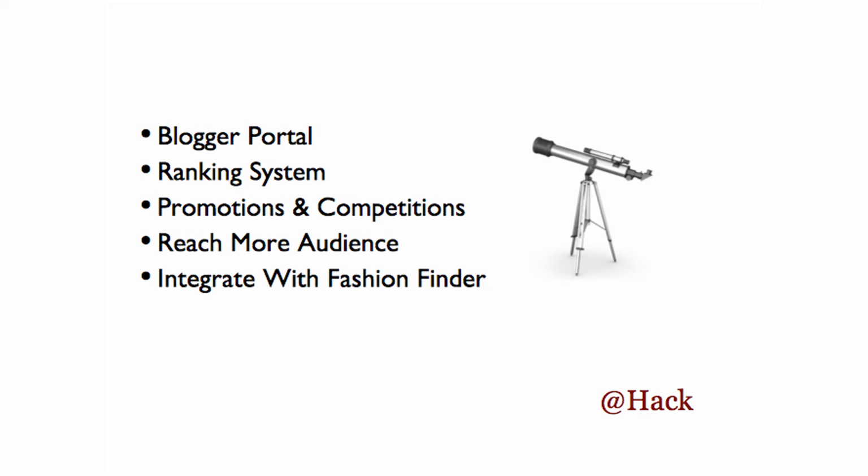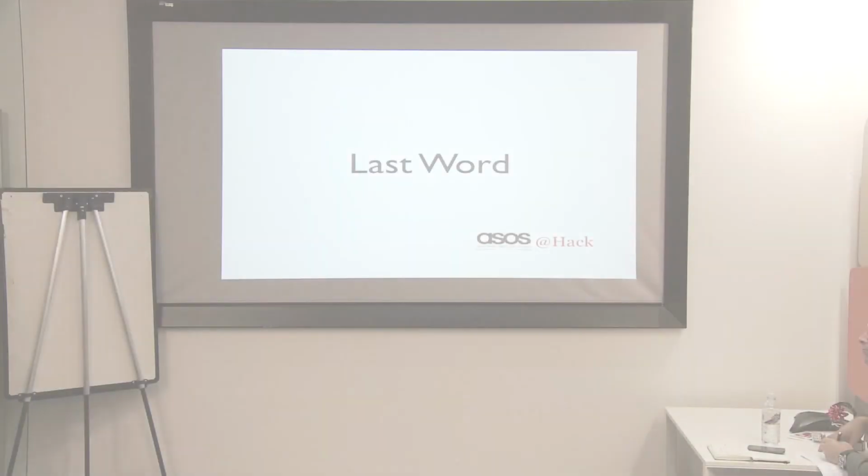We want to run promotions and competitions with the button. We want to reach more audience, to have Chinese, Indian, Spanish, all different languages. And also integrate with Fashion Finder if we can have feeds so everyone knows what we are doing.